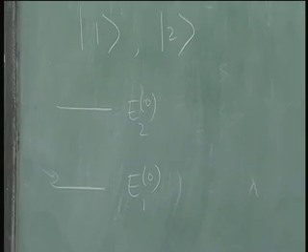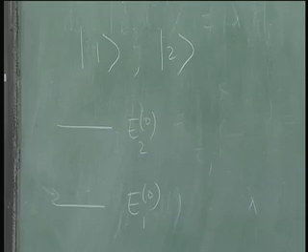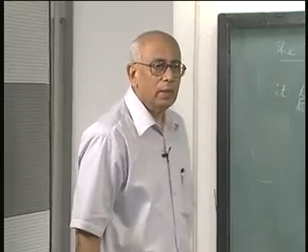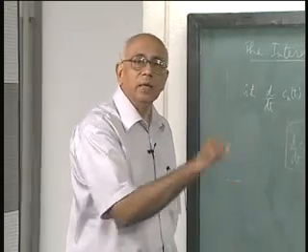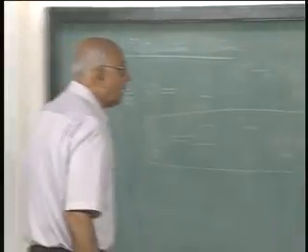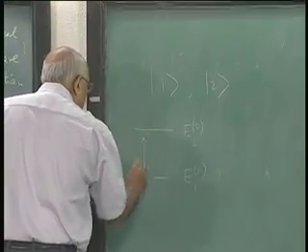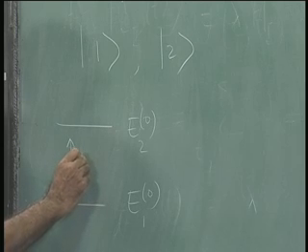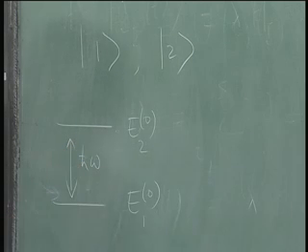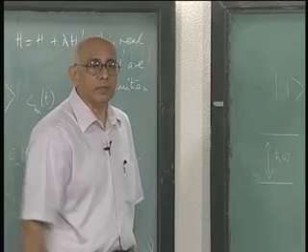I prepare the system in one of these 2 states, and then I switch on a time dependent field, and the field I have in mind is the following. So there is some separation, natural frequency here, some energy difference h cross omega, this is omega 2 1 if you like, and I switch on a perturbation at a different frequency.